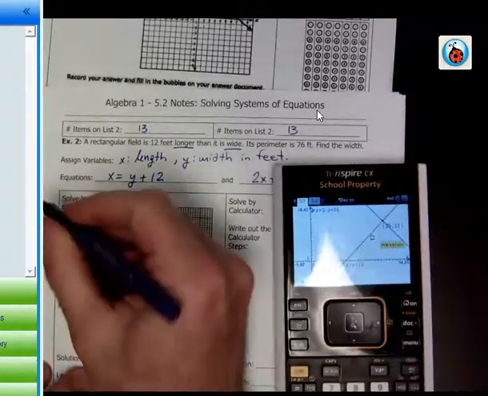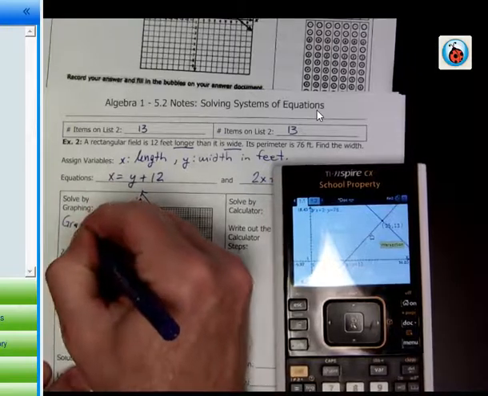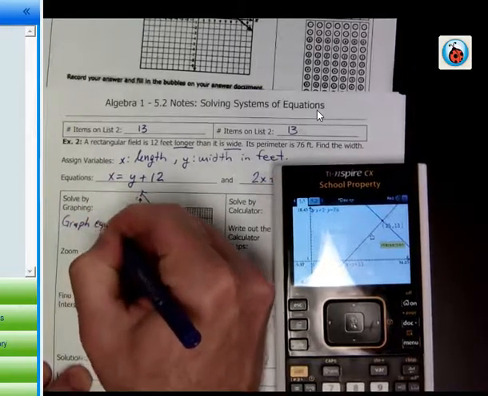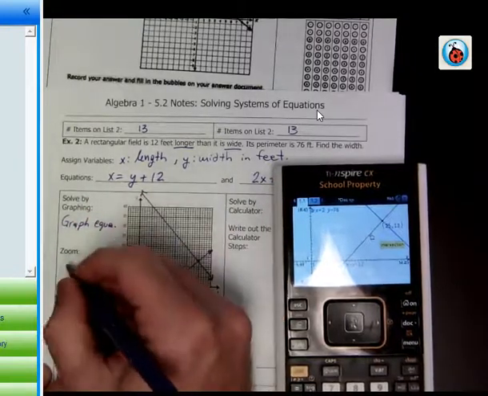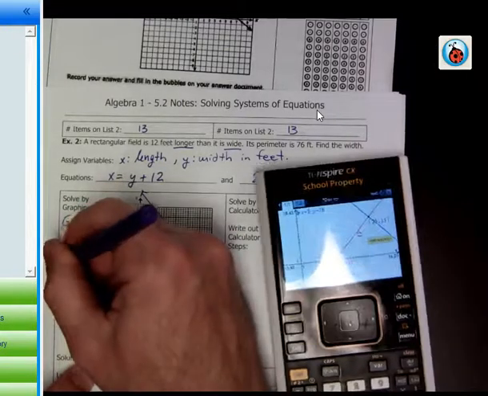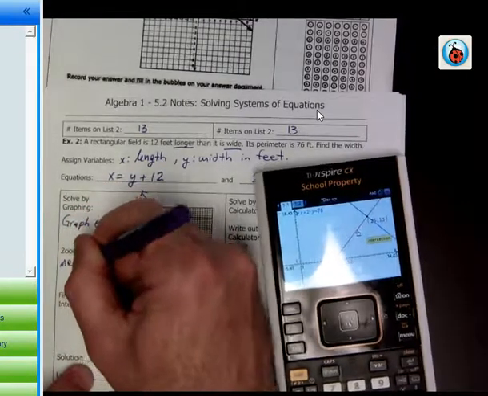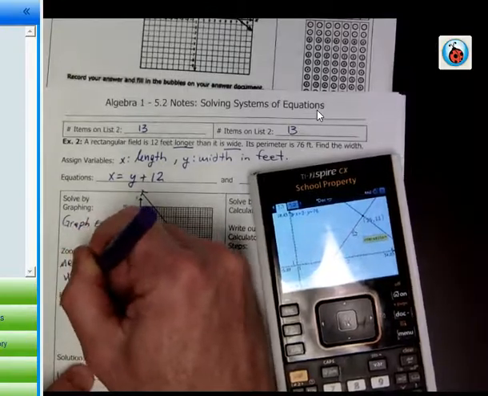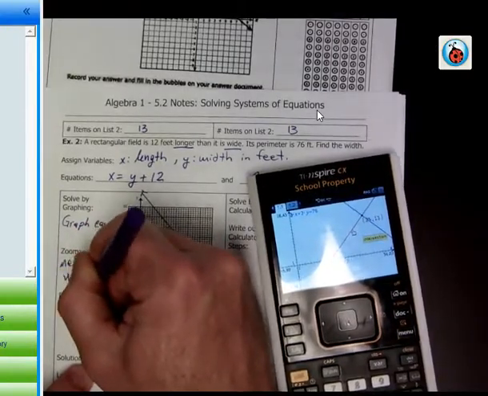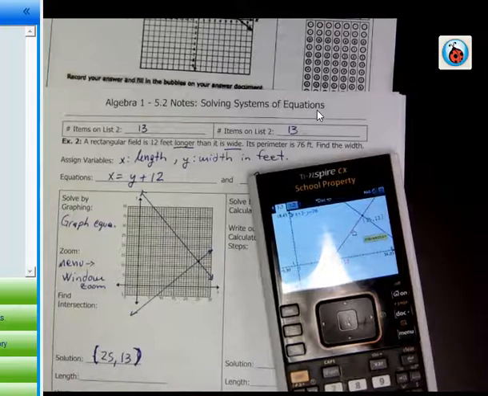Okay, so graph equations. Zoom if needed, but we didn't zoom. So window zoom. You can zoom out, you can use zoom fit.